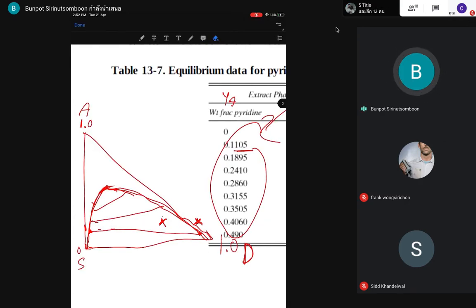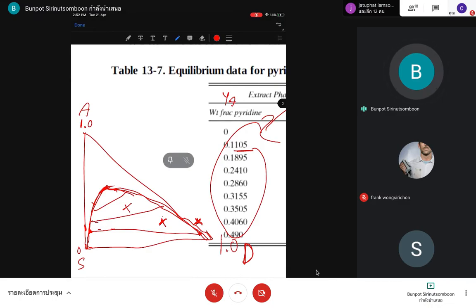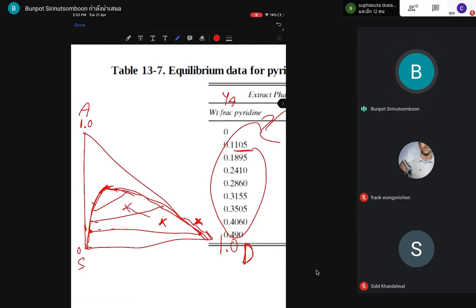And then from the next tie line, I get this point. So from the three tie lines, I got three conjugate points, and then I can connect them to each other. So I got something called the conjugate line.